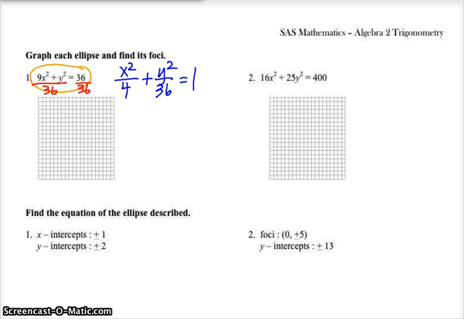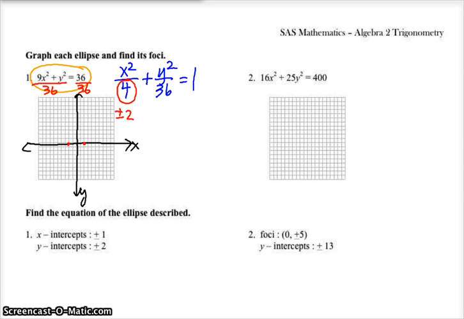So I'm going to make my x and y axes here. So my x-axis, my y-axis, and I'm going to graph. So how do I graph? Well, I take the square root of the number underneath the x squared, and that's how far out I'm going to go on my x-axis. So this is plus or minus 2. So I go to the right 2, and I go to the left 2.